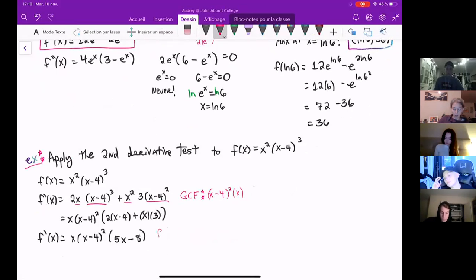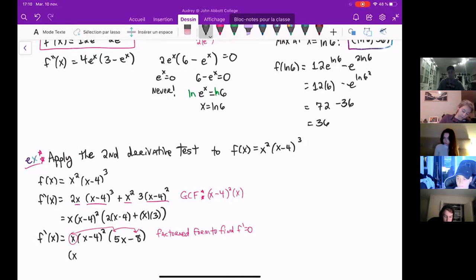So this is the factored form to find f prime equals 0. But then I'm going to take that x and distribute it into that part. This is going to be better for finding a second derivative, because I got rid of an extra product rule.